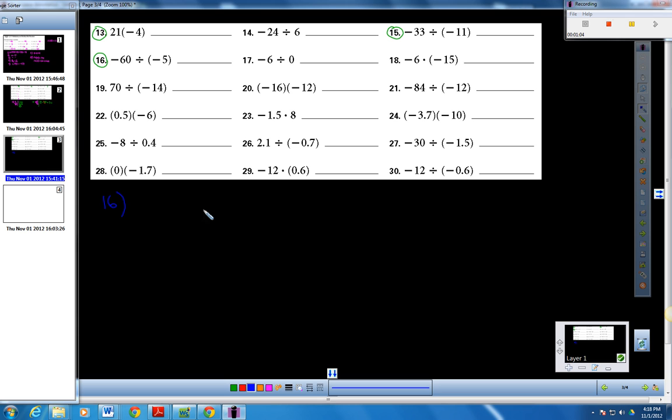So in number 16 up here, we're taking negative 60 and dividing it by negative 5. Because I have two negative numbers being divided, I know my quotient is going to be positive. So I'm just going to consider 60 divided by 5.